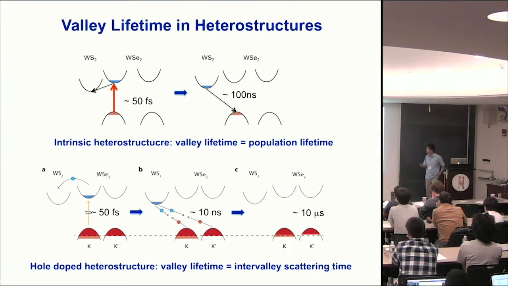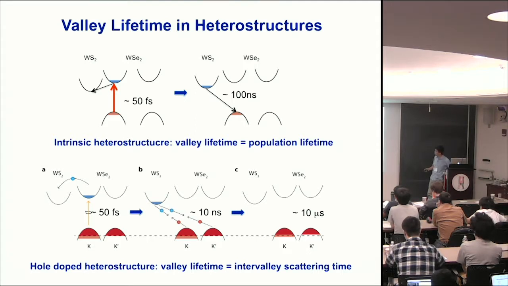But interestingly, because the spin-orbit coupling is smaller for the electron conduction band, the electron randomizes its spin and valley much more easily than holes. What happens is that when it recombines with a hole, it will recombine with both K and K prime valley holes with almost equal probability.